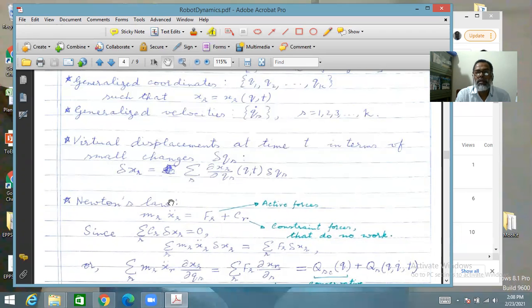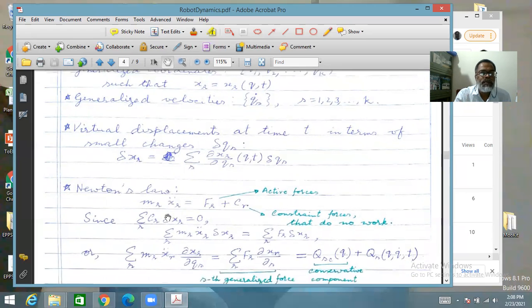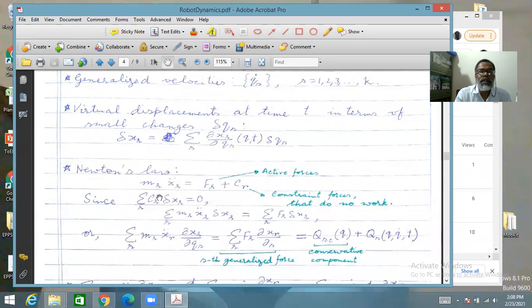Now from here we start from Newton's law and connect finally up to the Lagrangian formulation. Newton's law says mr into xr double dot, that is, the mass of the rth little particle into the second derivative of its position coordinate, is equal to the total forces on it.